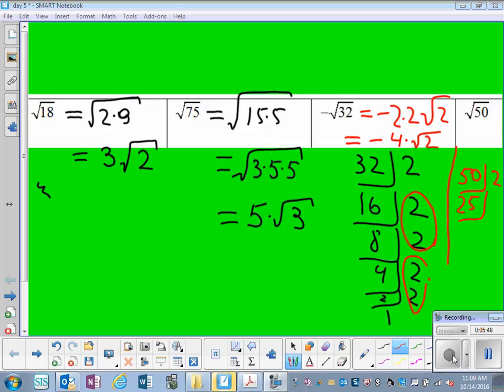And then I can divide 25 by what number? By 5. Left 5. I can divide 5 by 5 again. And then I just have 1. So what pairs do I have? 5. So I take 5 out and then the square root of whatever is left, which is 2. That's it.